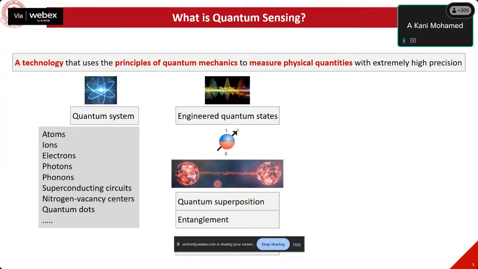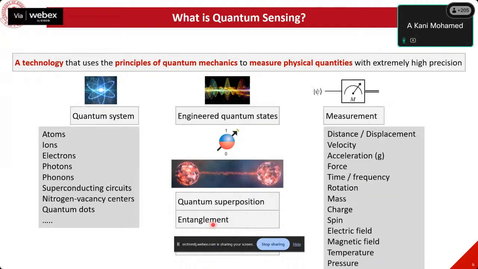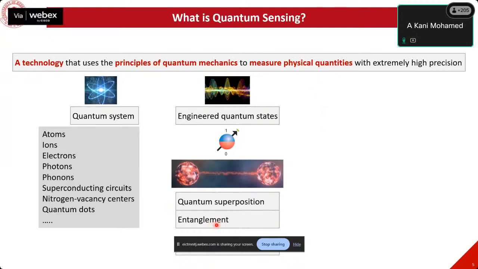So this involves basically quantum superposition. This may be within the system or between two different systems, like an entanglement. And these are basically the quantum coherence. This quantum coherence is extremely sensitive to external parameters.